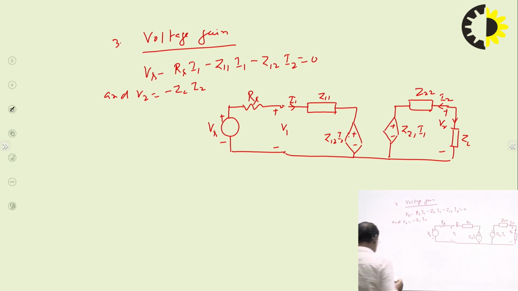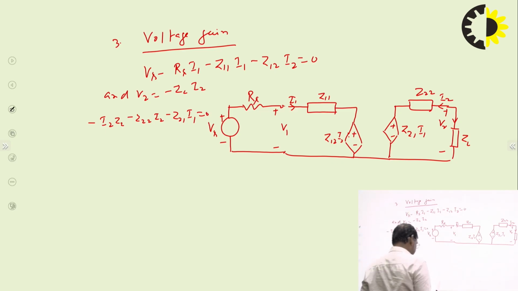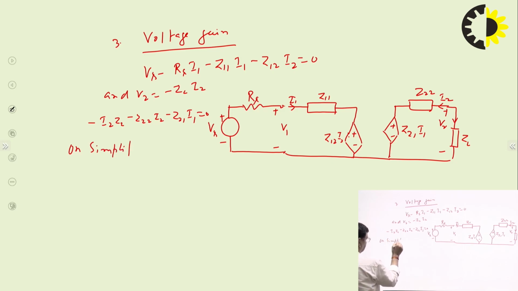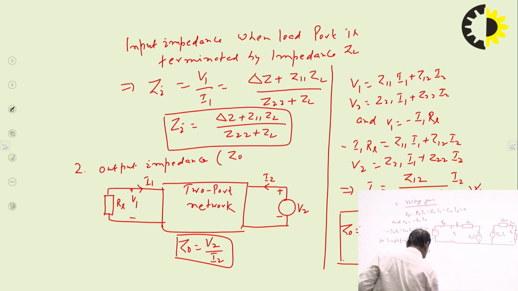So minus I2 ZL minus Z22 I2 minus Z21 I1 equal to 0. So from these two equations, on simplification, we can find V2 upon Vs.